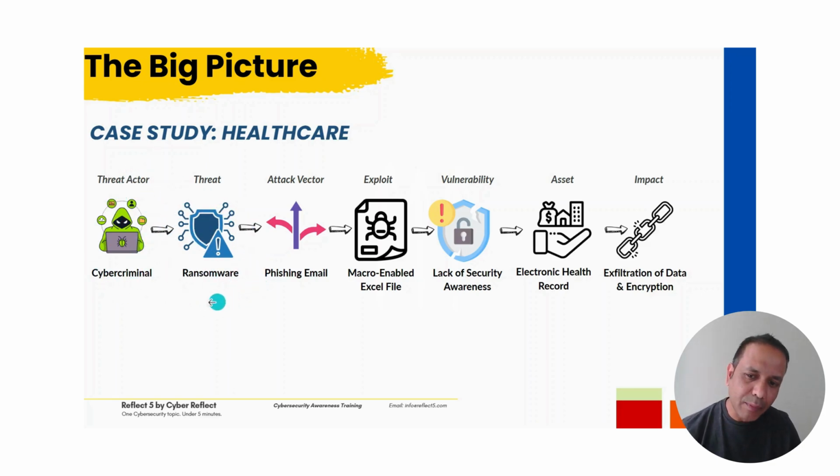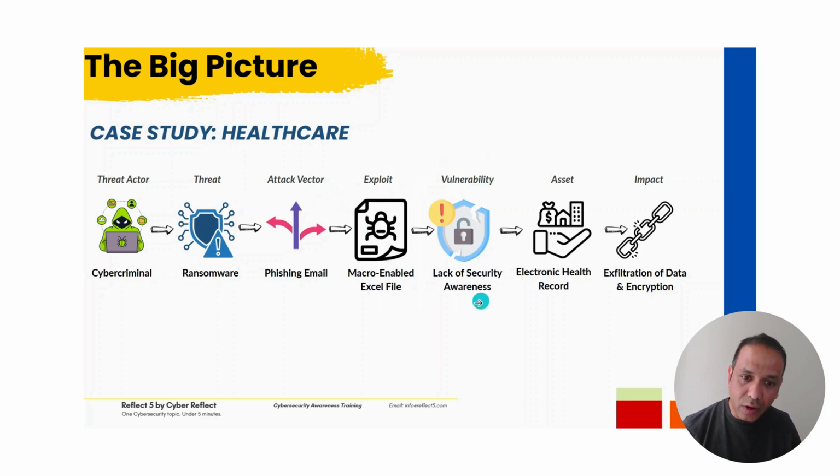A ransomware is a type of malware that creates an attack on availability. So he will deliver that threat through an attack vector. And very often the preferred attack vector is phishing email, and it will try to create an exploit like a macro-enabled Excel file.